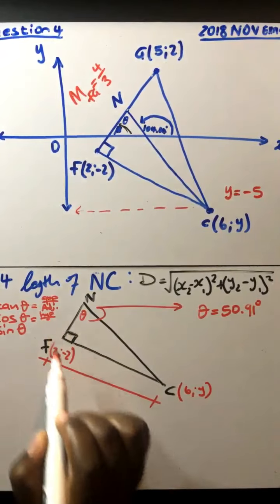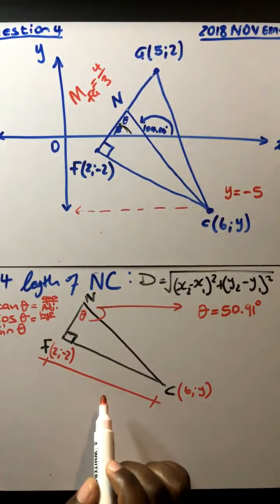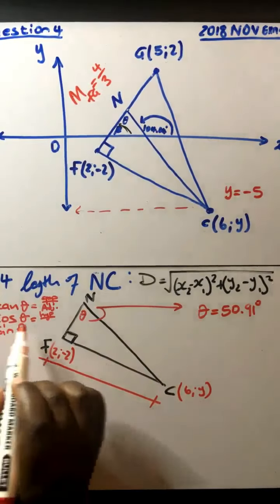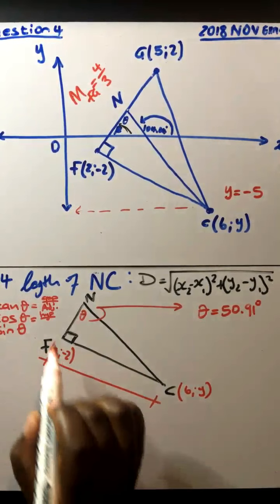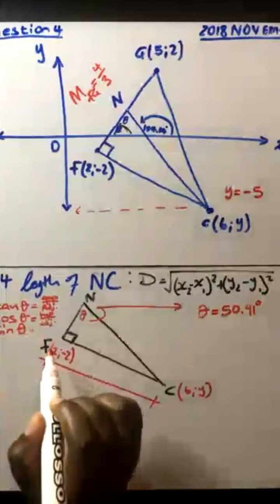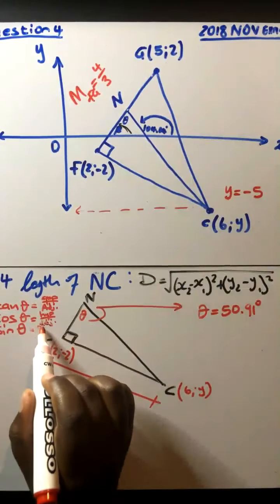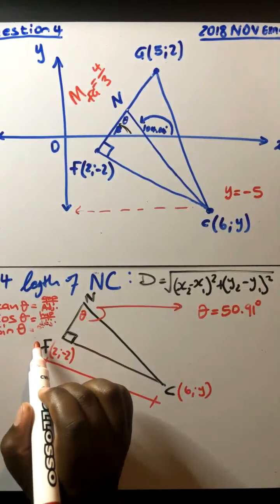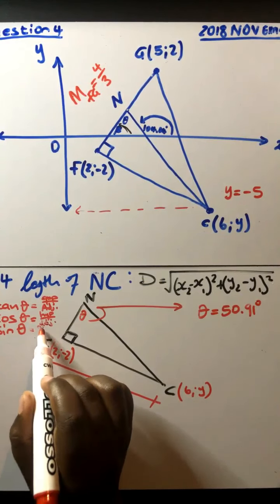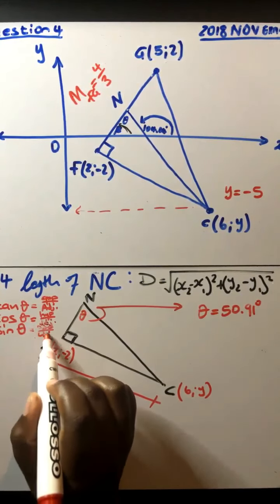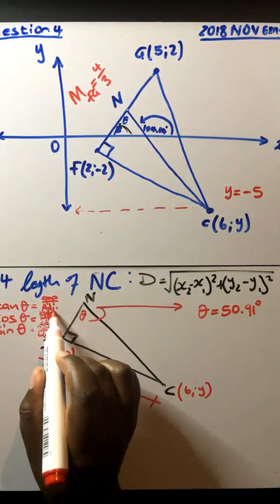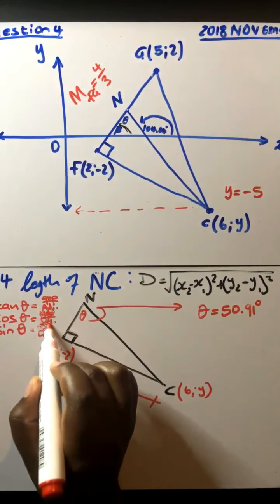Cos is adjacent over hypotenuse. If you remember, guys, just remind me on this. And sine is opposite over hypotenuse, which means also cosine is adjacent over hypotenuse. Am I correct, guys?